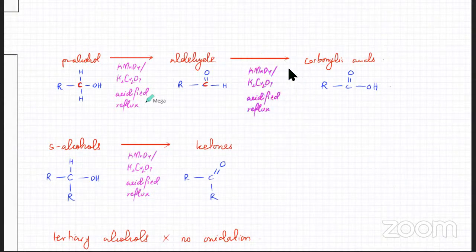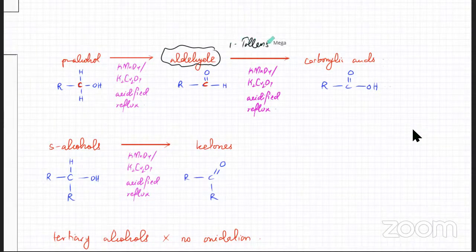Except for the additional conditions that could be used for oxidizing aldehydes specifically. For this one and this one only, one is Tollens' reagent. Tollens' reagent has silver ions, basically Ag+ with two ammonia ligands attached to it, so the overall charge is +1.